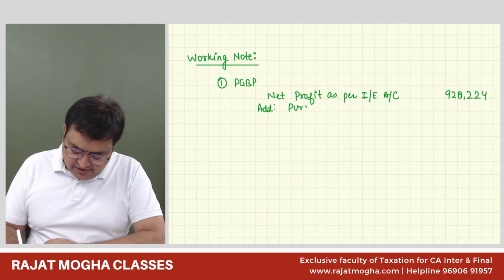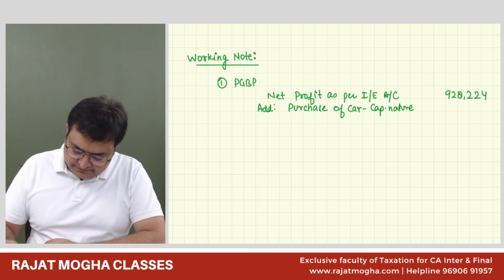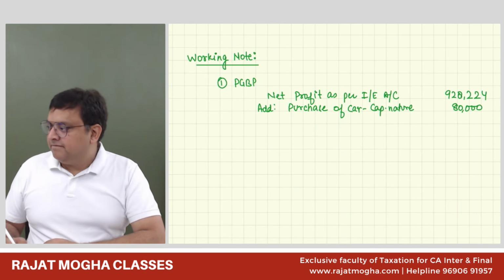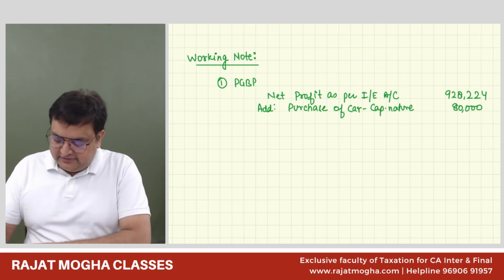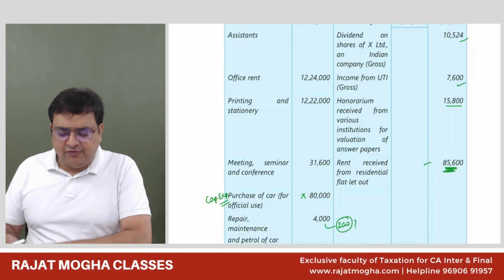Purchase of car, that is capital nature expense, 80,000. Then the next thing is repair, maintenance, petrol. So as of now, we are okay. I'm not reading any information.